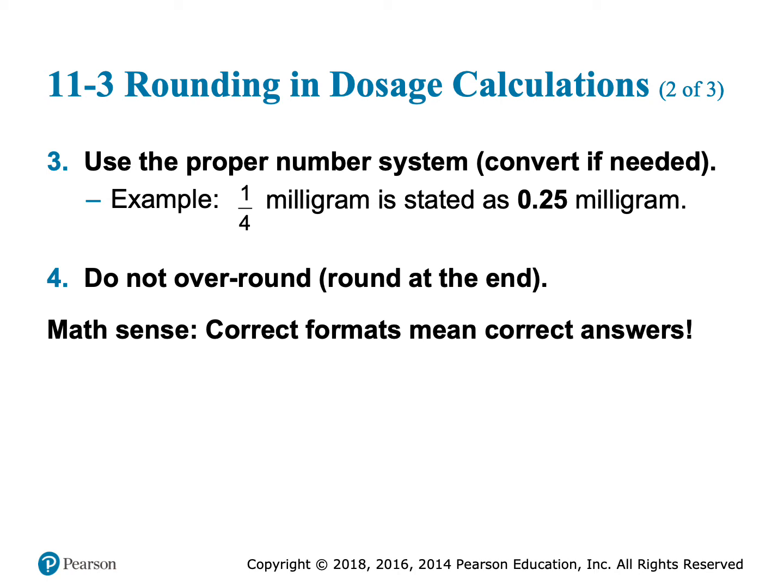So we want to get into the habit of rounding at the end of the problem and not as much at the beginning of the problem. So a good rule of thumb is going to be for us to round when we get to our final answer.